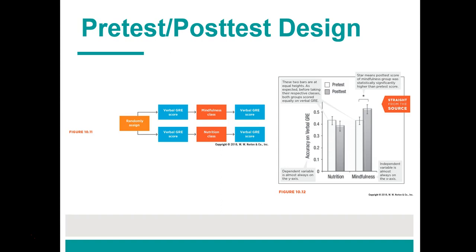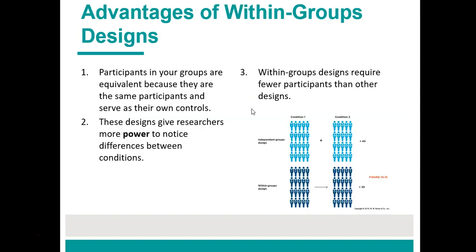Everything about the person is the same. They're the exact same person before and after. The only difference is the mindfulness class. And so if GRE scores went up after compared to before, then we can say we feel pretty confident that it was the mindfulness class because the person is the same person.